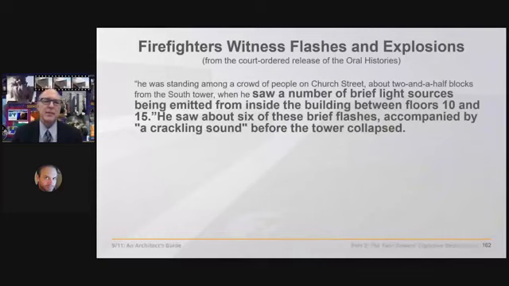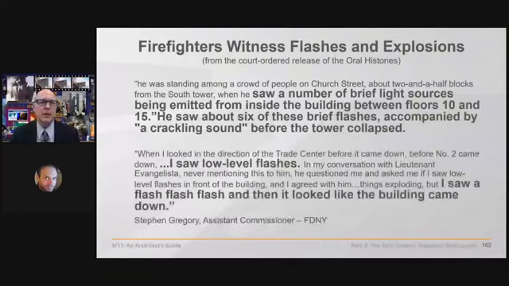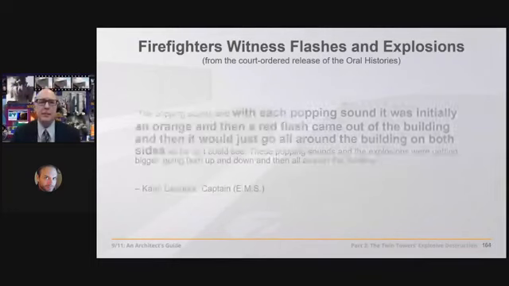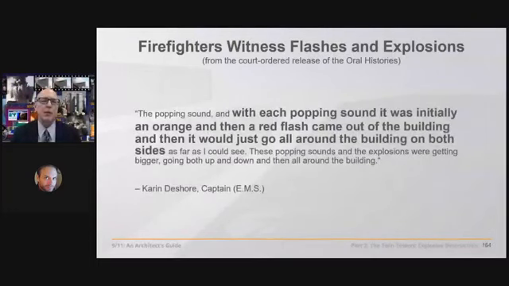He saw about 6 of these brief light flashes accompanied by a crackling sound before the tower collapsed. I saw low-level flashes. Flash, flash, flash. And then it looked like the building came down. The building was blowing out on all 4 sides. We actually heard the pops. You know, you heard the pops of the building. With each popping sound, it was initially an orange, and then a red flash came out of the building. Then it would just go all around the building on both sides.